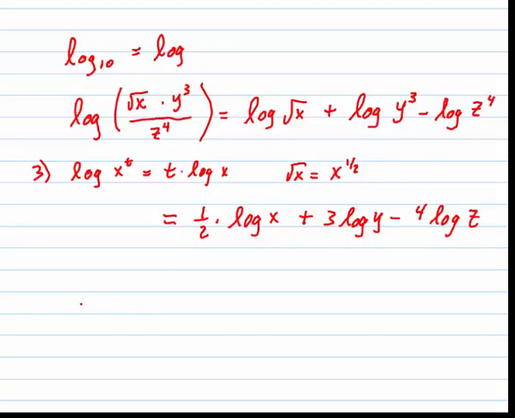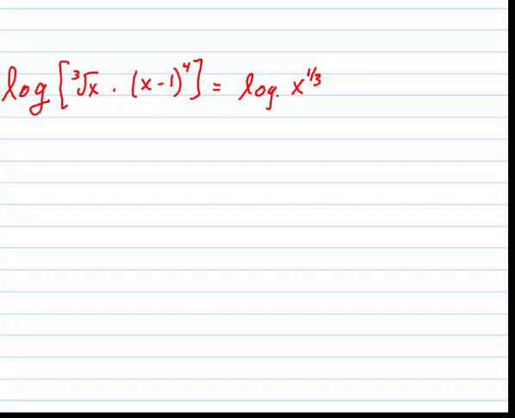But let's do another example. If we have the log of the cube root of x times parentheses x minus 1 to the 4th, then we can expand that to log of x to the 1/3, because that's what the cube root of x is, plus log of x minus 1 to the 4th.